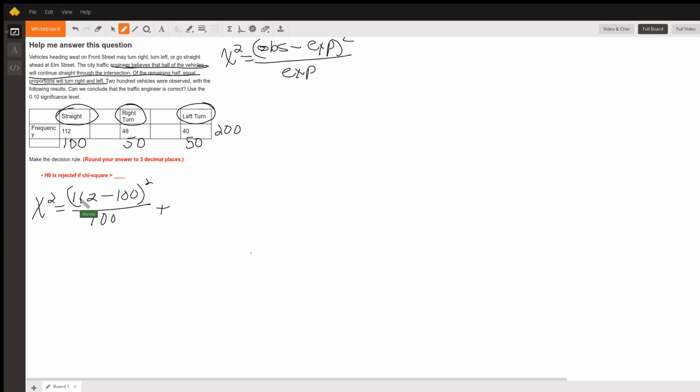For the right turn, we've got 48 minus 50 squared over 50. And for the left turn, we've got 40 minus 50 squared over 50. If we do that calculation, it comes out to 3.520 if I round to 3 decimal places.